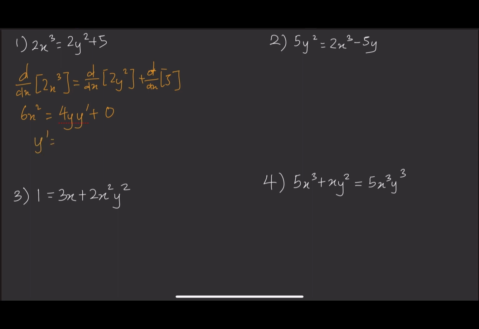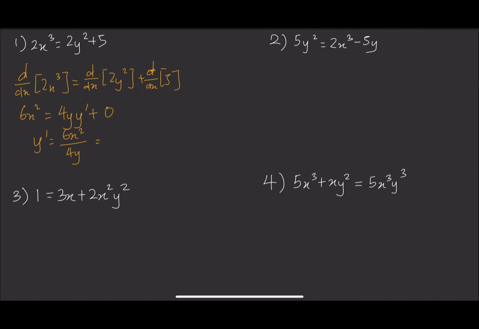To get y prime, you just bring it over to the other side over 4y, and we can simplify it. 6 divided by 2, we get 3x squared. 4 divided by 2 is 2y. And that is your final answer.